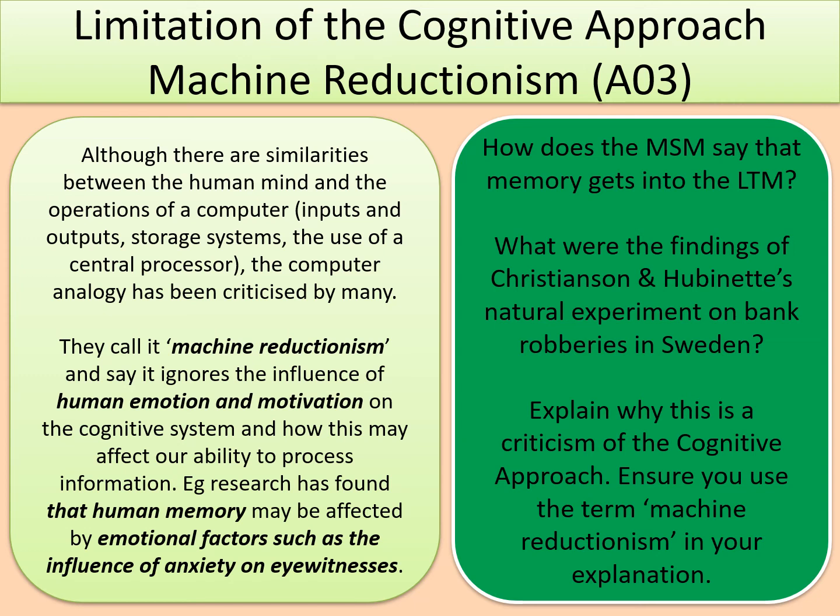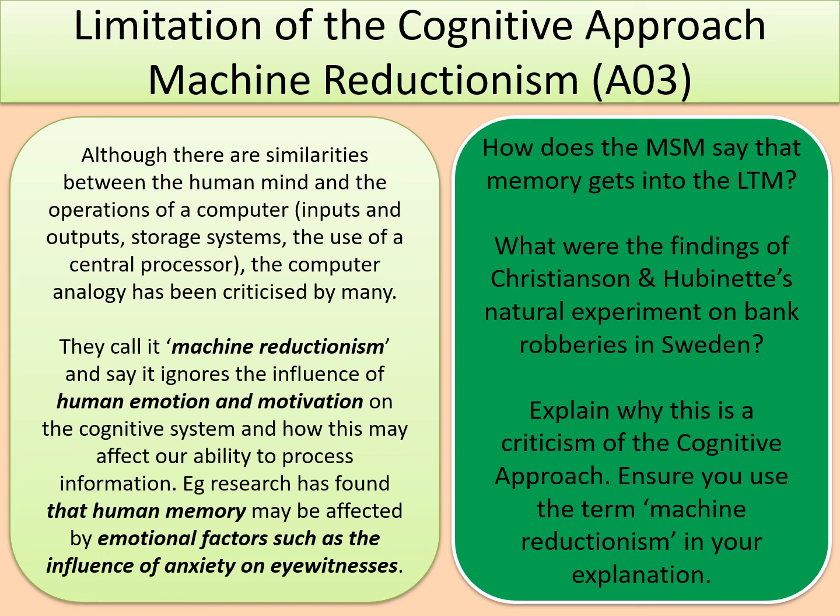So when we think about that theoretical model that we looked at, it's that lovely linear model, and we get information around us and it flows through all the stores, and if we rehearse it then we can remember it, etc. And that's a very neat model of how information is processed into memory.